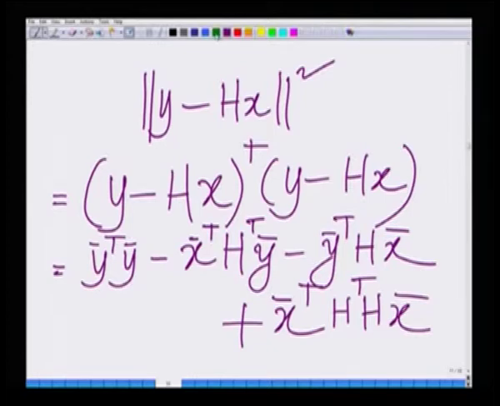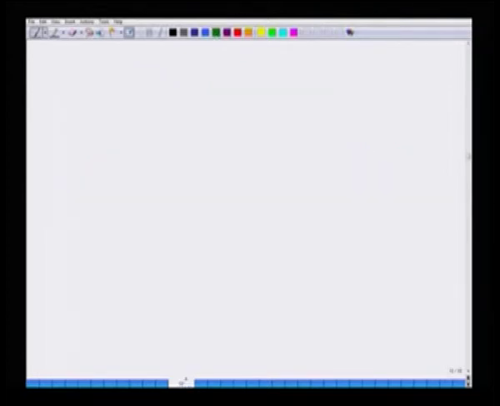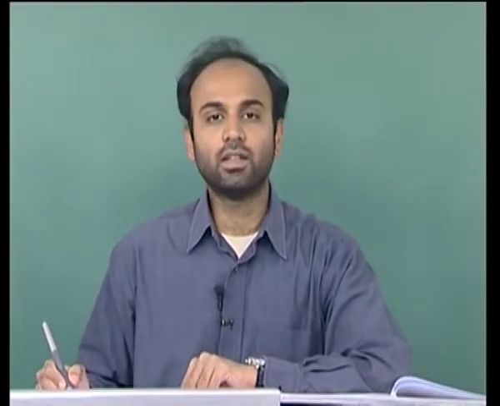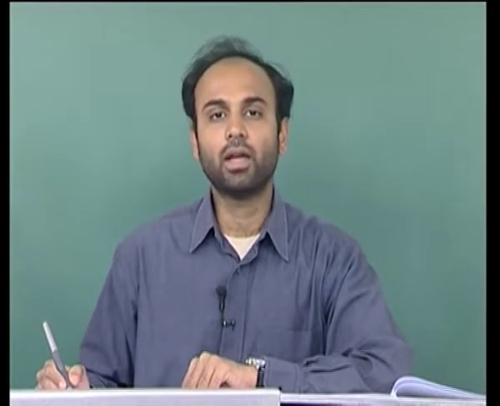Okay, so now I will take this and differentiate it with respect to x bar. So, let me rewrite this expression over here, that is y bar transpose y bar minus x bar transpose h transpose y bar minus y bar transpose h x bar plus x bar transpose h transpose h x bar. Now, let us differentiate each component of this expression with respect to x bar.